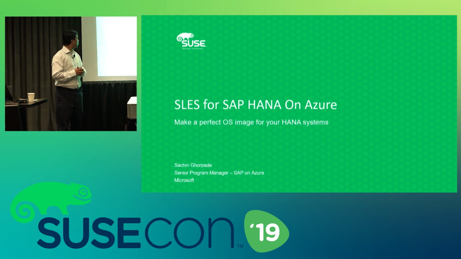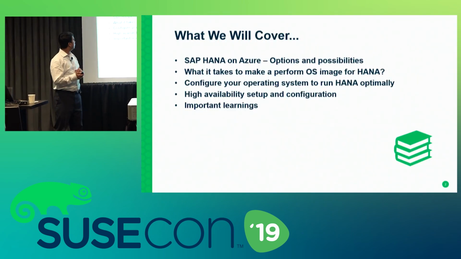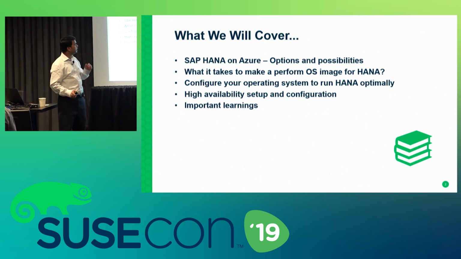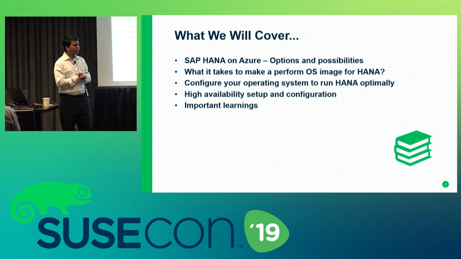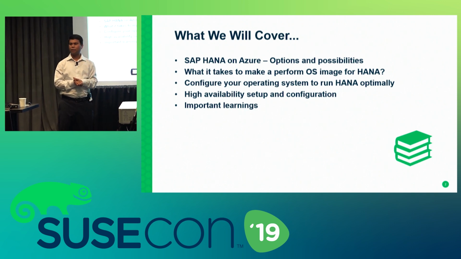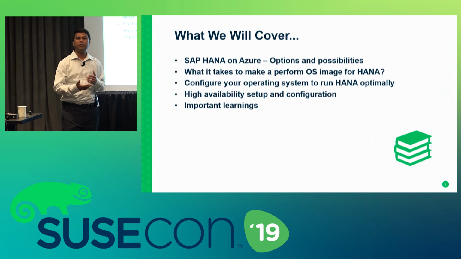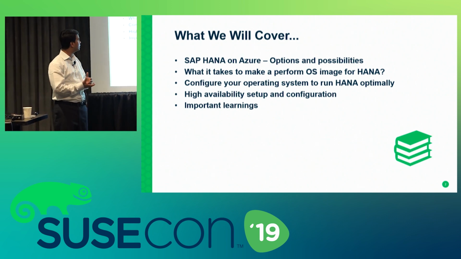All right. Let's see the agenda first. We're going to talk about SAP on Azure. What are the options we have for SAP? What are the options we have for HANA? What are the possibilities we have? So let's explore it together.